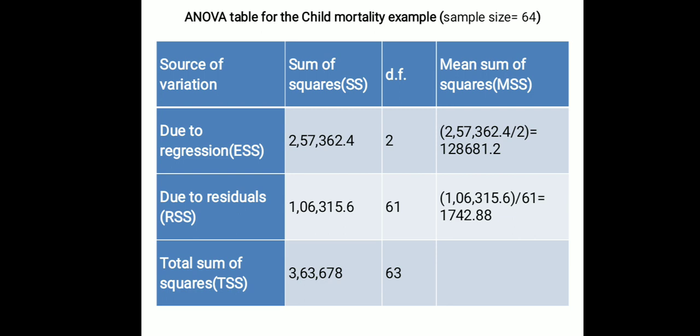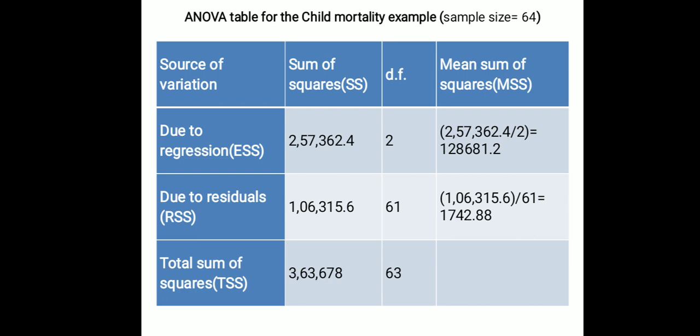Now, dividing 2,50,362.4 by 2, with respective degrees of freedom, we get the mean sum of squares. Here the mean sum of squares due to regression is 1,28,681.2. Similarly, due to residuals or the disturbance error term, it is 1,742.88.